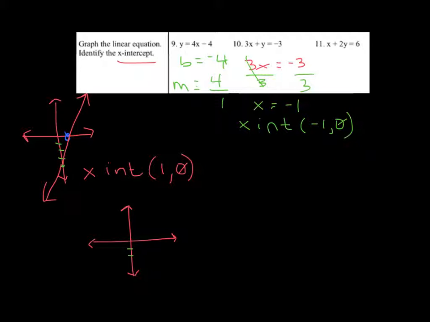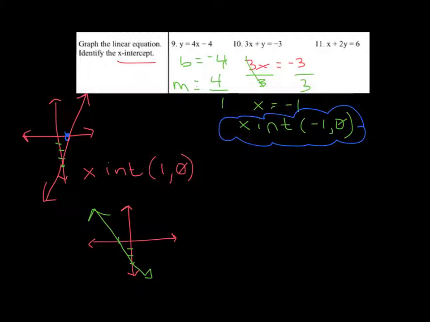So 1, 2, 3, that gives me my y-intercept. And I already calculated my x-intercept at -1. So that gives me my points. I can draw my line through those points. The x-intercept was -1, 0, right there. I calculated that first. Okay?